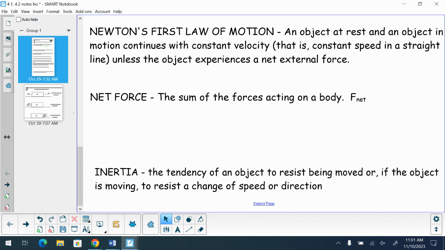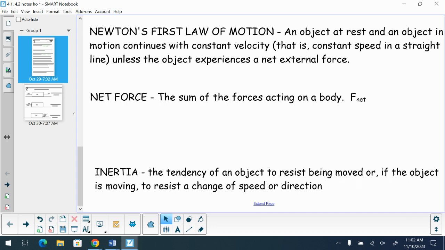Inertia is what you battle every morning. Every morning that alarm clock goes off, we hit the snooze button or we hit the off button. But it is very, very difficult to get out of the horizontal position into a vertical position.